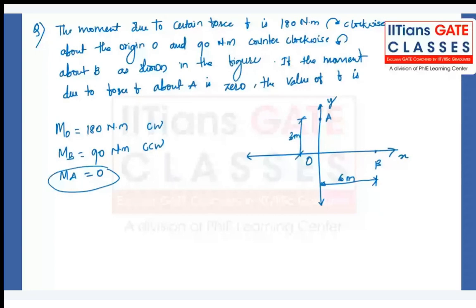So use this as a hint and try to solve the problem. Force should pass through point A because of this given input, that moment about A is 0. So this is a hint to you. And with this hint, try to solve the problem and first you should tell me the value of F. Let's call this question A, and I'll create one more here, the x-intercept.